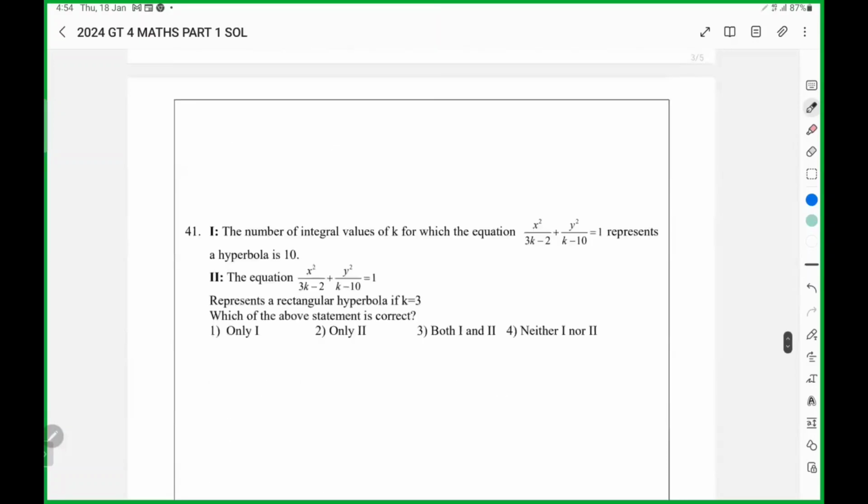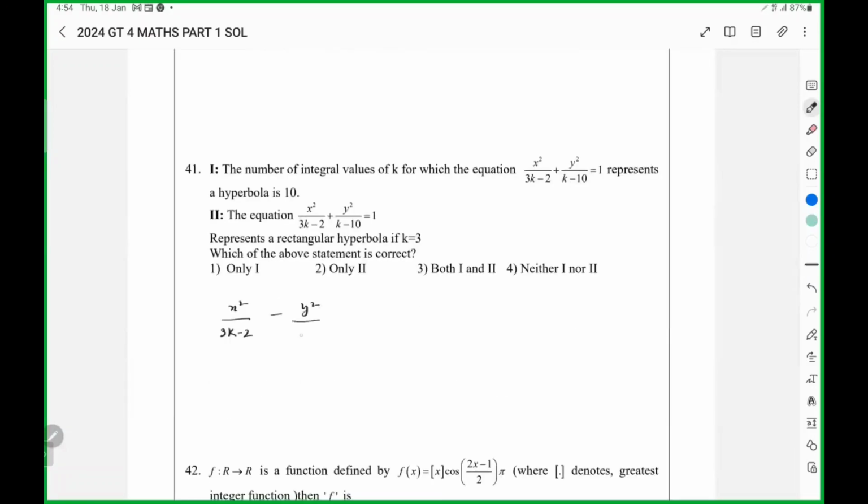Given equation, I'm writing in terms of hyperbola, which is meaningful, k greater than 2 by 3, k less than 10. So numbers which lie between 2 by 3 and 10, k is 1 to 9. 1 to 9 only, there are 9 integers.